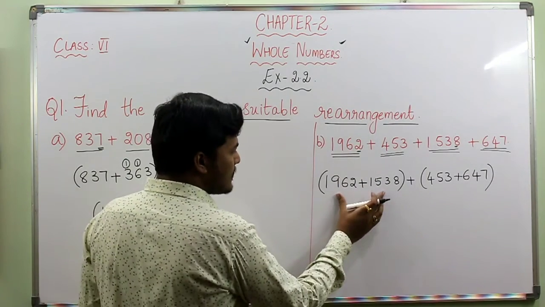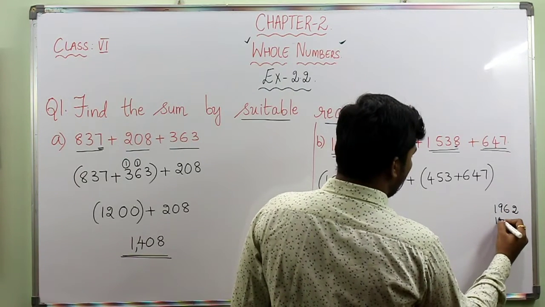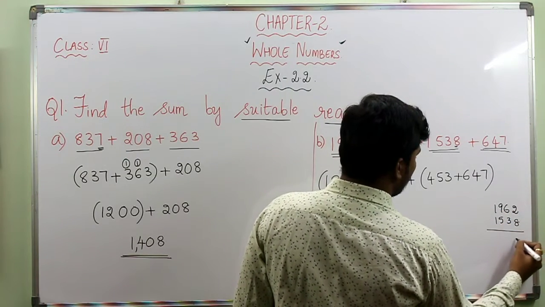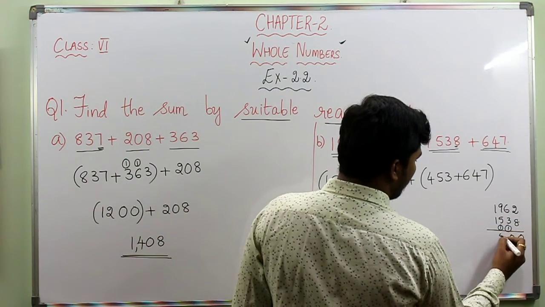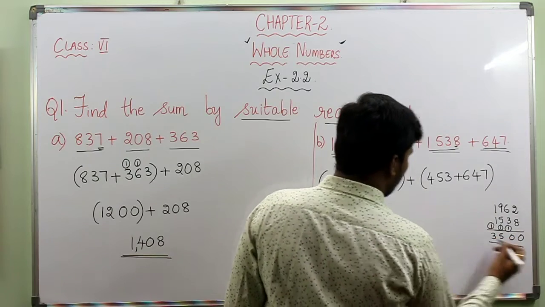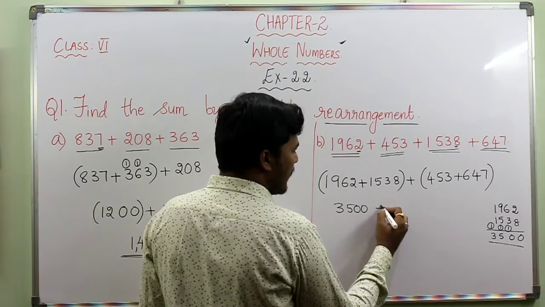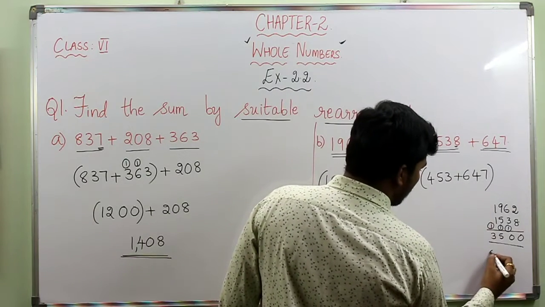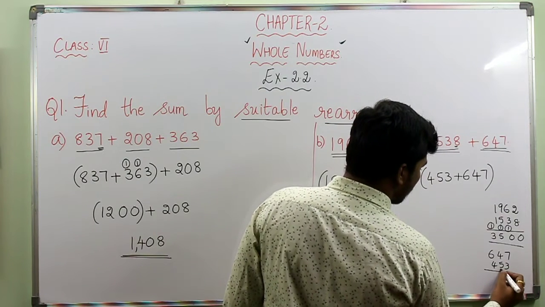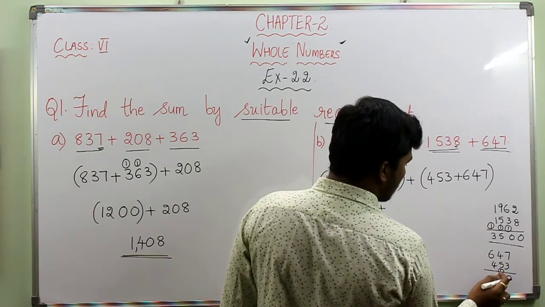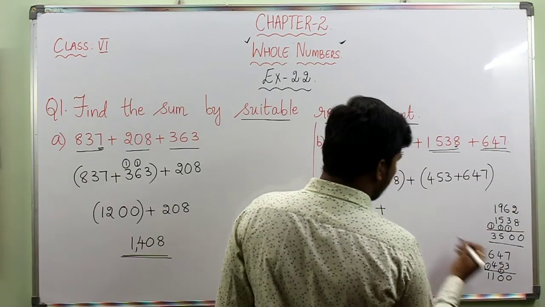Now let us take this sum, that is 1962 and 1538. When I add those two, I am getting 3500, plus these two, 647 plus 453. 5 plus 1, 6. 6 plus 4, 10. 11.